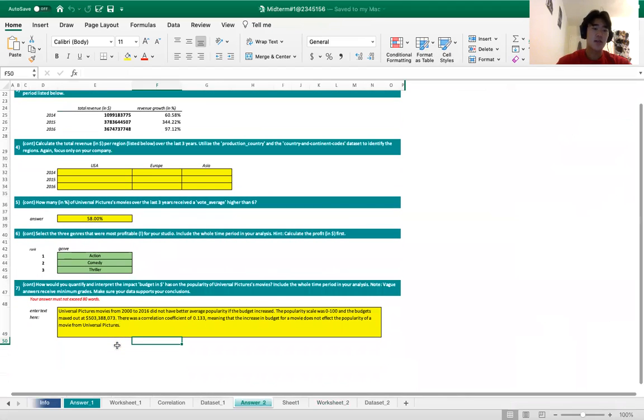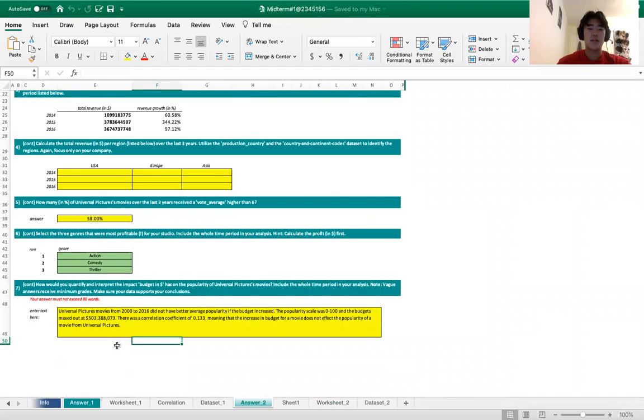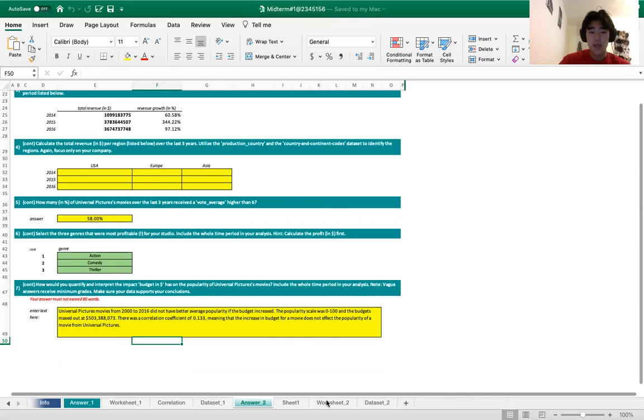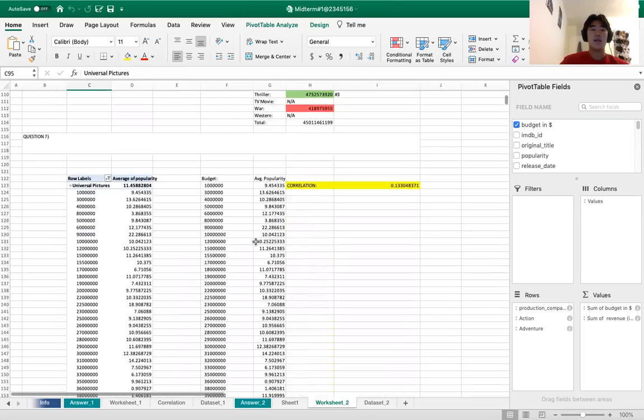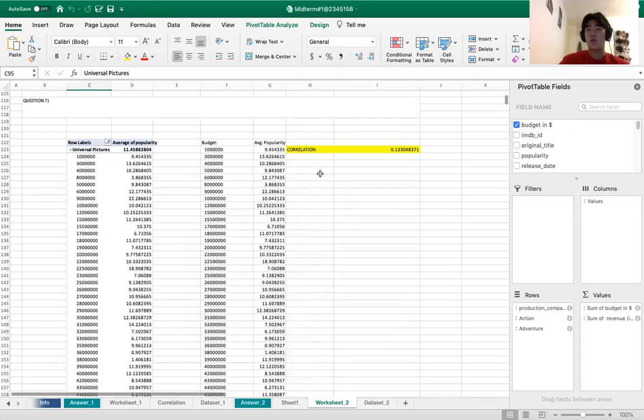Then the last one is, how would you quantify and interpret the impact of budget in dollars on the popularity of Universal Pictures movies? Include the whole time period in your analysis. So Universal Pictures from 2000 to 2016 did not have better average popularity if the budget increased. This conclusion came from me working with the data set in order to find a correlation coefficient.